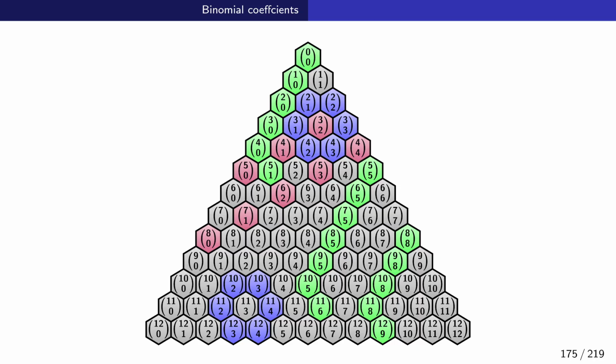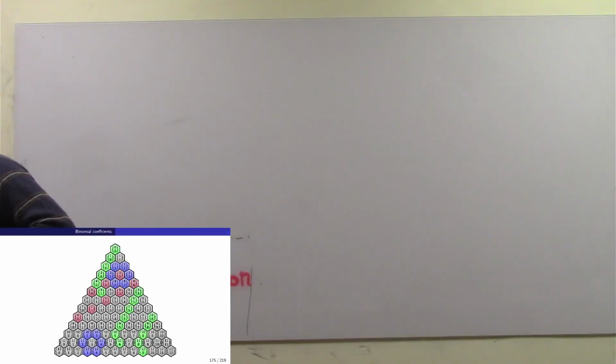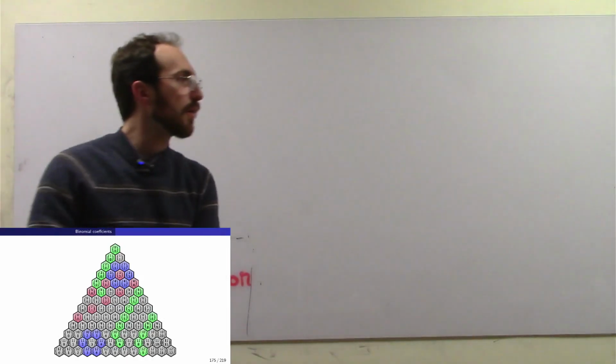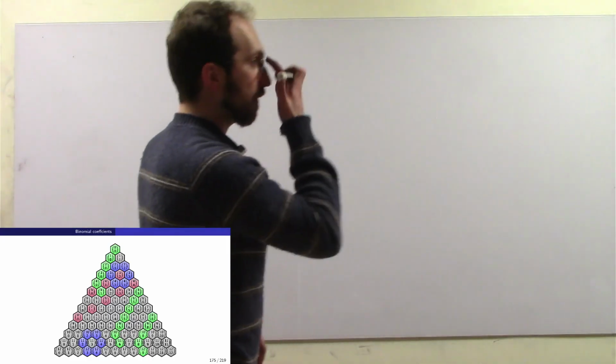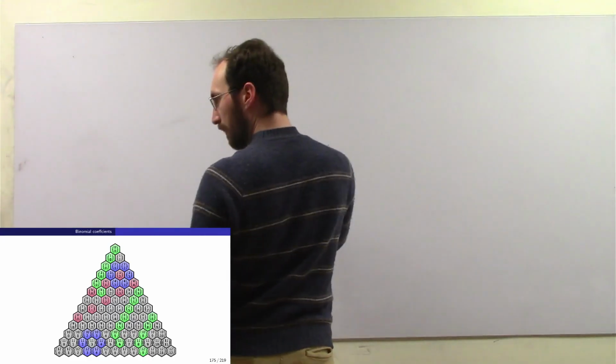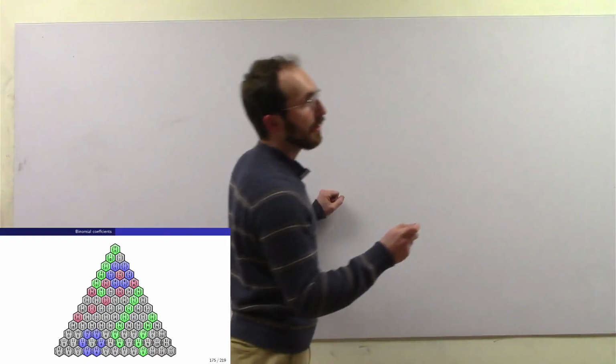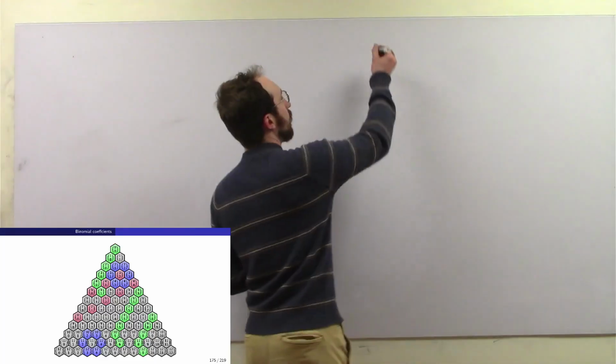You can see there are some patterns that are drawn on here that we're going to investigate in a second. Before we do that, let's build our triangle. Let's get maybe 4 or 5 rows. Okay, so 0 choose 0.